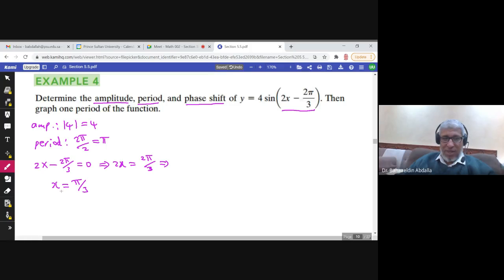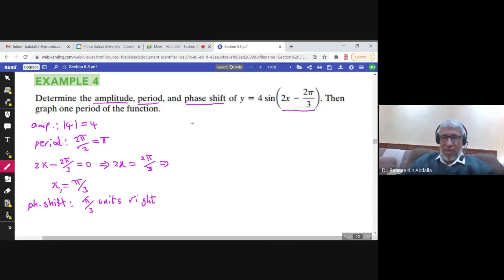So this is x1, and this is also the phase shift. So the phase shift is pi over 3 units to the right. Why to the right? Because it's positive. So I will start my graph from pi over 3.